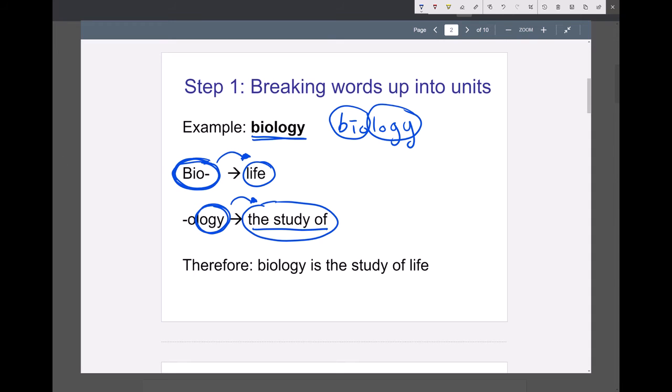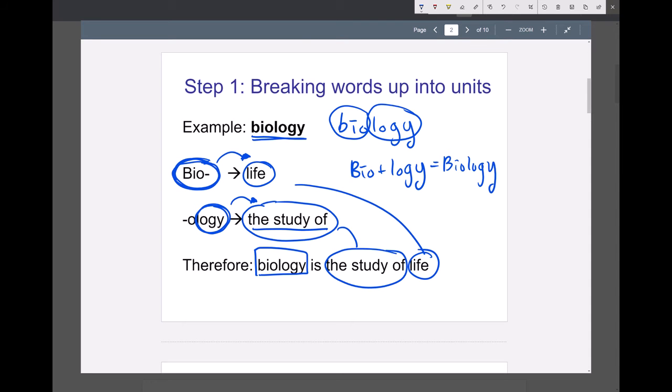Okay, so when you put bio and logi together, you'd have biology. See that? So biology is the study of life.